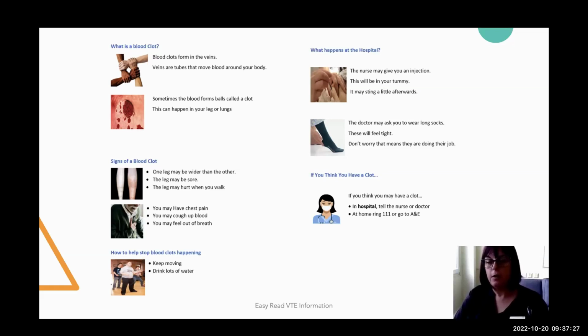Although these aren't widely used in medical patients, there may be an occasion where a patient has come in with some bleeding, and then in that case, we do still use anti-embolism stockings in my trust. I've warned the patients that these may feel tight on their legs, but this is normal and it means they're working. And in my last section, I've told the patient where they can go for help once they've left hospital and what to do if they think they've got a clot whilst in hospital.